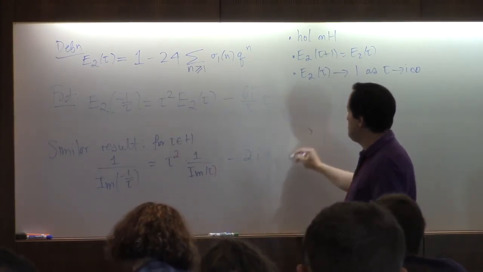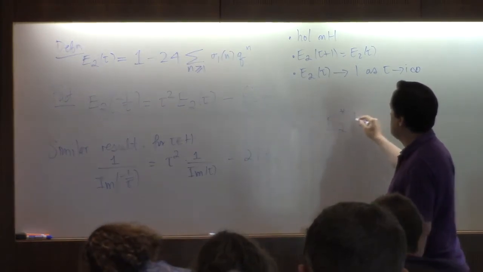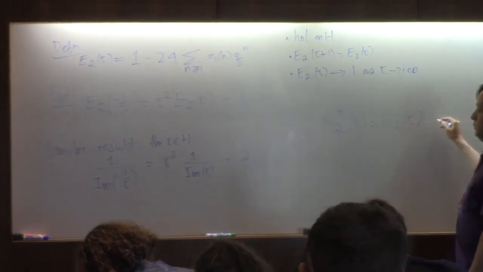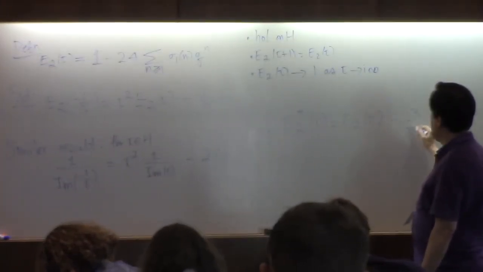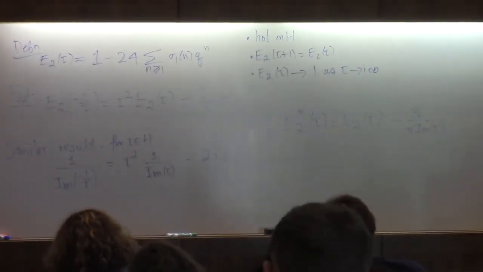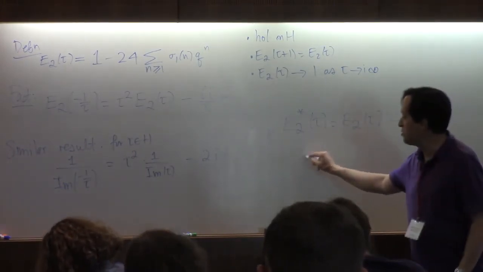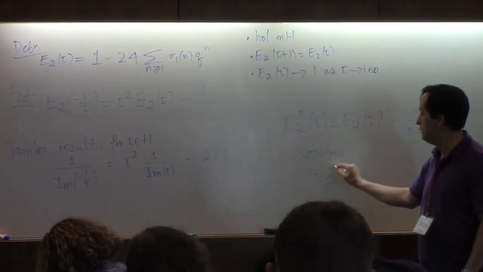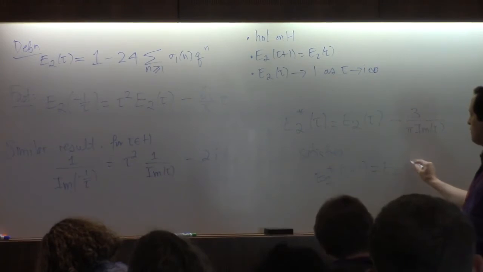And so if you put both of these together, what you get is this modified function, E2 minus 3 over pi times 1 over the imaginary part. This linear combination is still invariant under tau going to tau plus 1, because both parts are invariant.